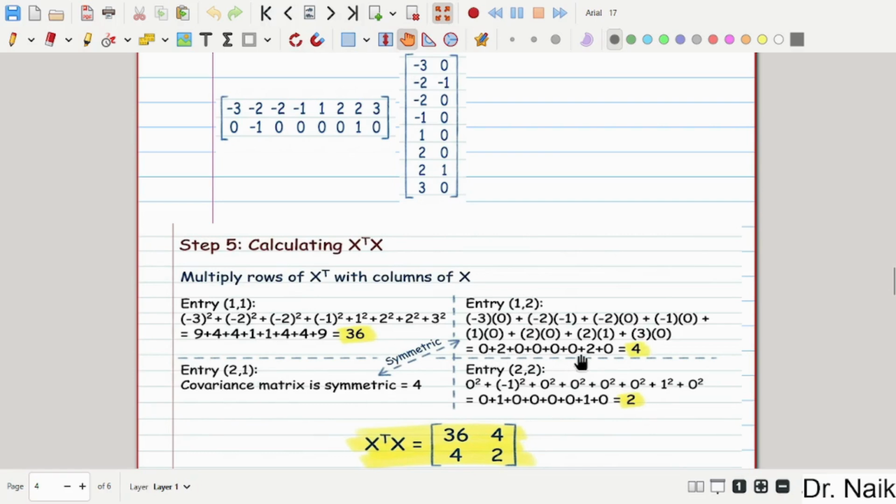Sum all these values. This will give 4. So our 1 2 entry is 4.